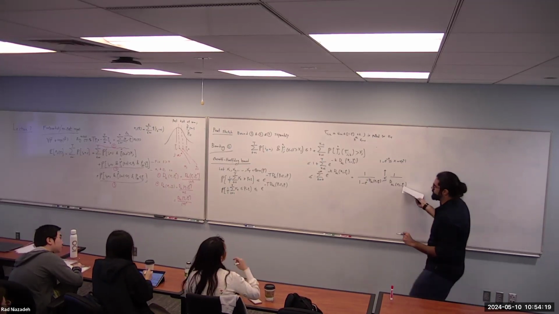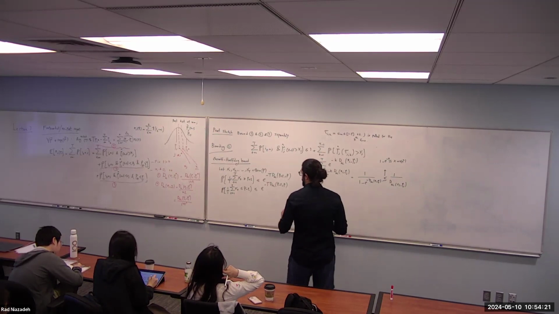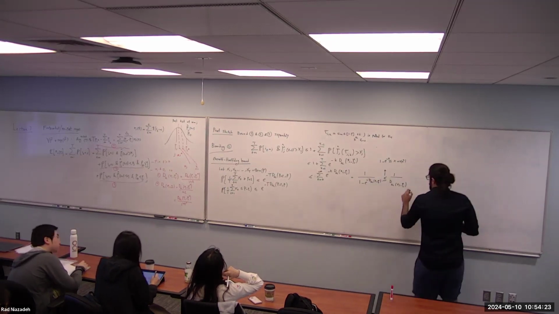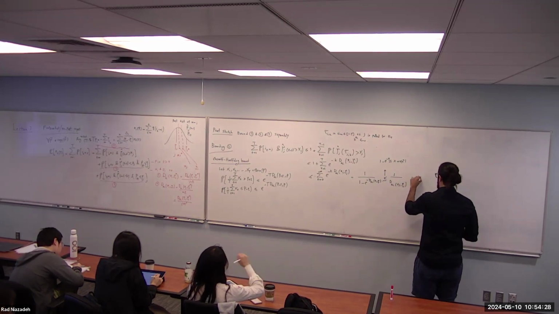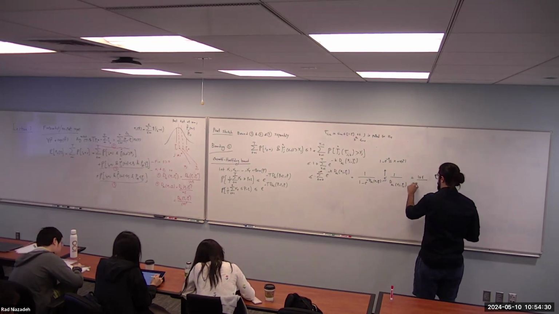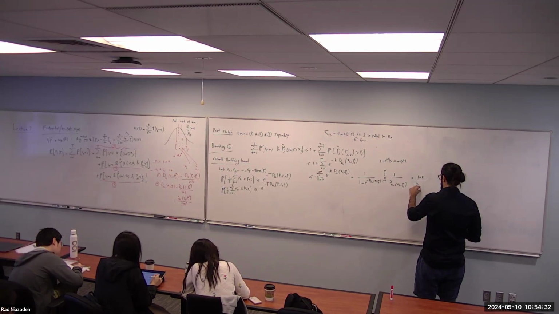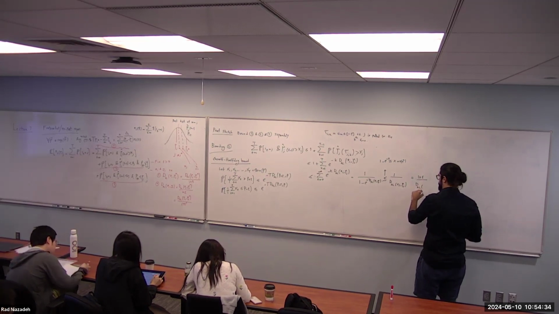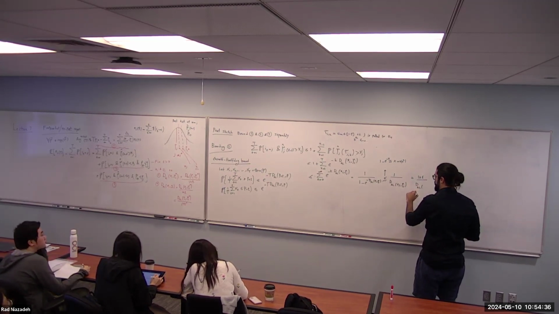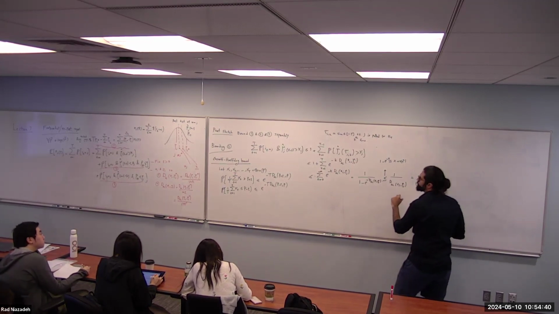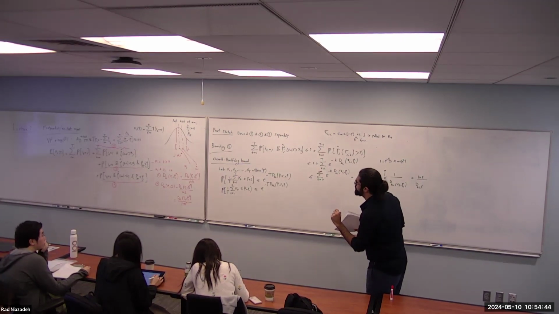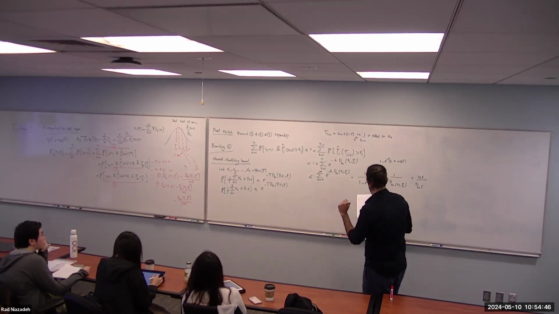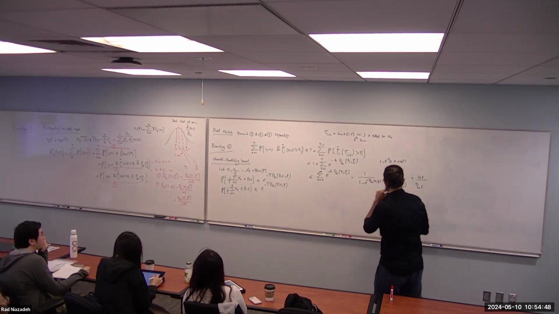Now, what do we know about this quantity? Based on the definition of x, we know this is 1 plus epsilon, right? Divided by the KL divergence of mu j.